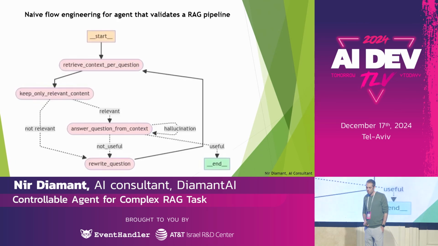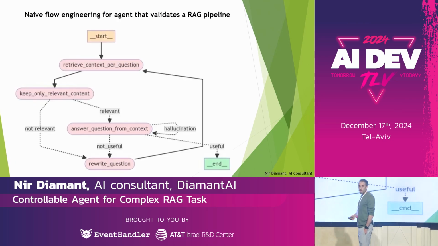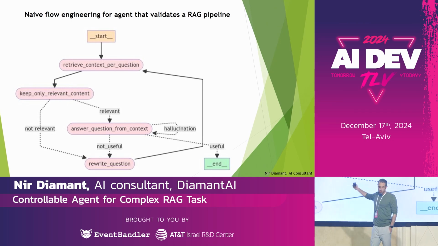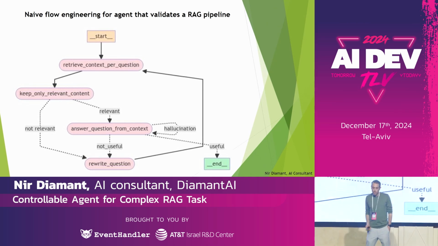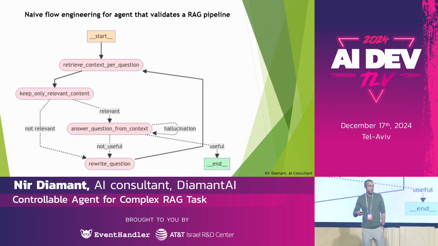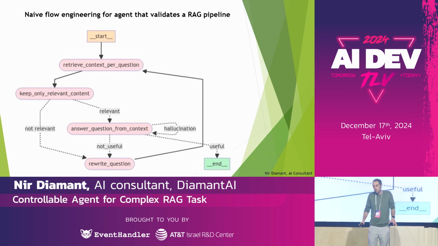A naive flow engineering solution for this is an agent built with LangGraph. At the beginning, we have our query. We want to retrieve context for this question, and then keep only relevant content out of it.